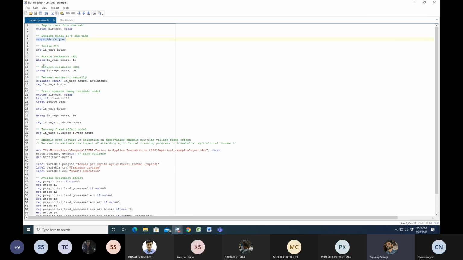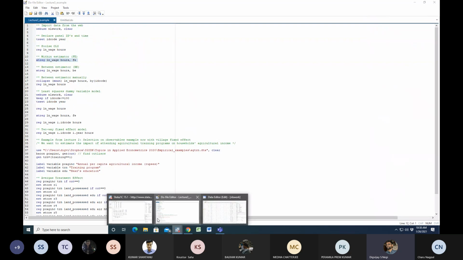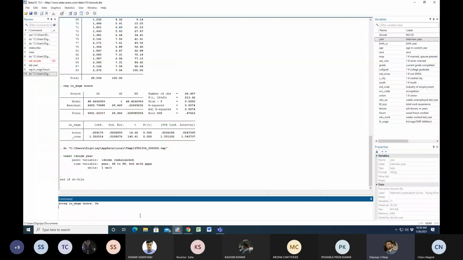So once you have xtset, then you can estimate a fixed effects model. The command for running a fixed effects model is xtreg. For OLS it was reg, but for fixed effects it's xt, where x and t stand for the individuals and the time period.